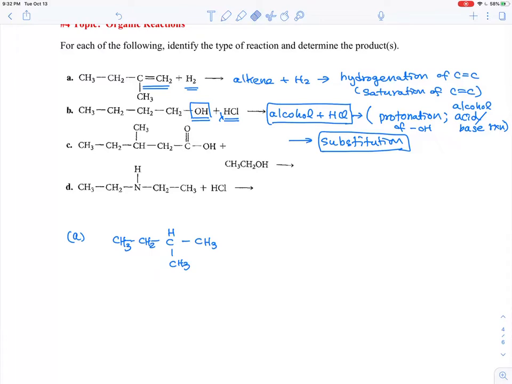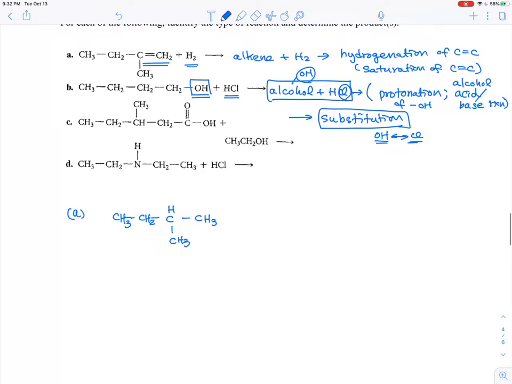But it's a good idea to identify the functional groups, and then this alcohol, which has an OH group. This OH group is replaced by the chlorine shown up here. So OH is substituted by chlorine. Okay, so you are changing the partners.